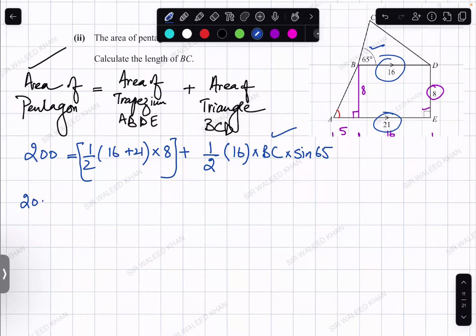So you can make BC the subject and figure out the answer. So 200 is equal to this will be 737 times 4, 148 plus sine 65 times 8, 7.25. So BC times 7.25.